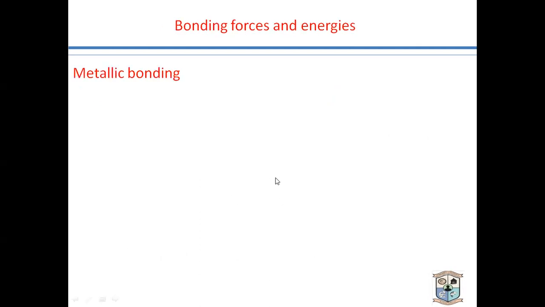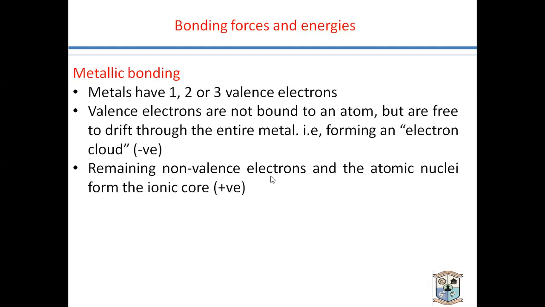We'll come to metallic bonding. What is metallic bonding? Metals typically have 1, 2, or 3 valence electrons. This is the number of electrons in the outermost shell. Valence electrons are not bound to an atom, but are free to drift through the entire metal, forming an electron cloud. That's the difference between metals and other materials. The electrons are free to roam around, forming what is known as an electron cloud.